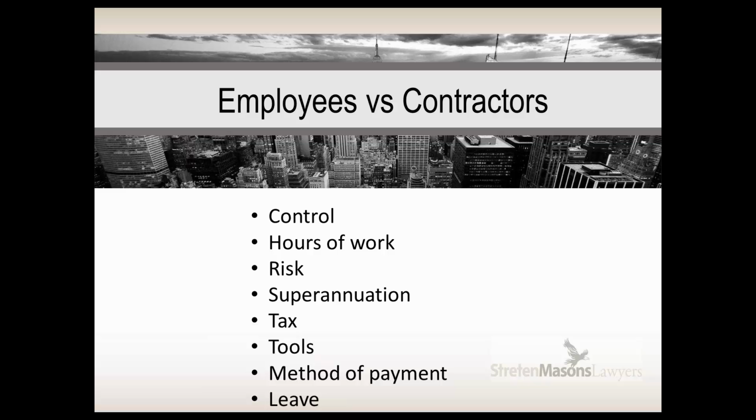There are sham contracting provisions that are governed by the Fair Work Act, and that's sections 357, 358 and 359. Basically that prohibits an employer threatening to dismiss or dismissing an employee for the purpose of bringing them back as an independent contractor.